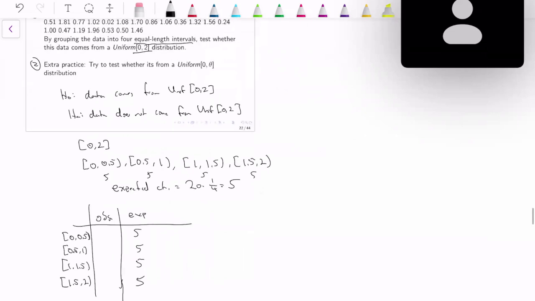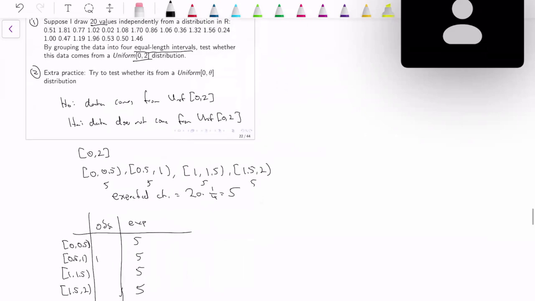So 0.51 falls in here, 1.81. If I make a mistake, let me know. 0.77, 0.08. It's pretty annoying, but this is what you have to do. You're just categorizing each number based on which interval it falls in.